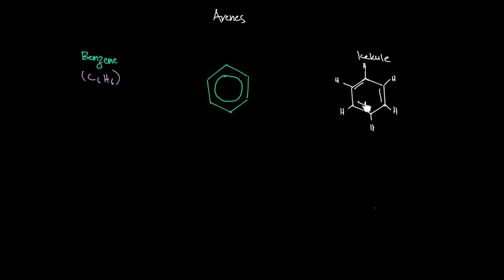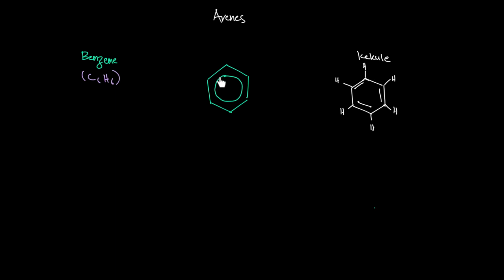However, our observations of the structure told us that all the bond lengths are the same. Now, if double and single bonds were alternating, wouldn't the double bonds have been shorter than the single bonds? Based on this structure alone, we would say the bond lengths would be different.